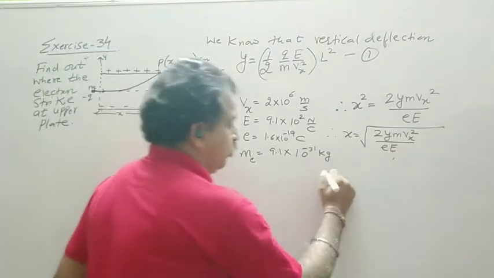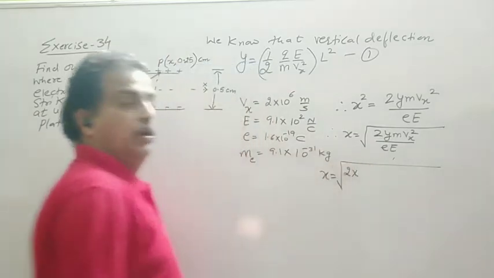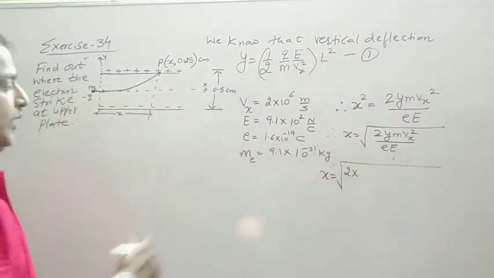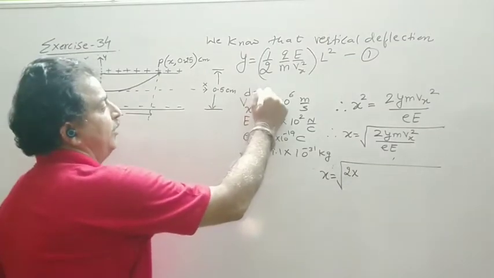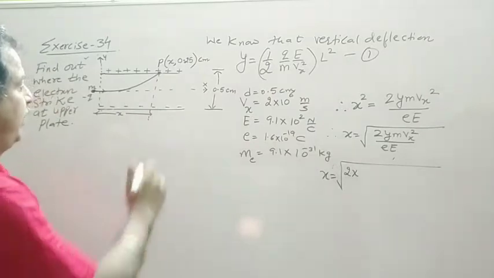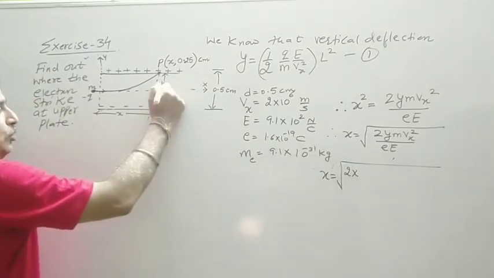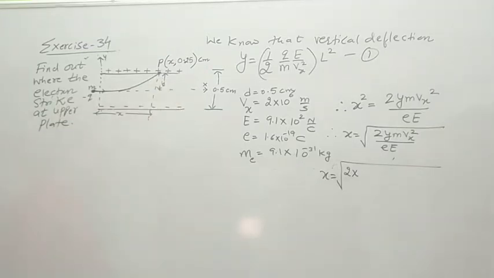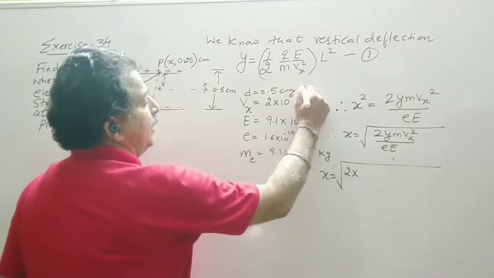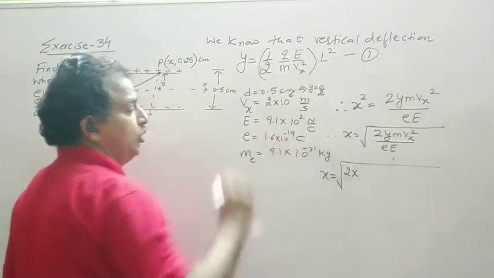So x is equal to under root 2 into, you have to remember that d is a distance. Here the distance given is 0.5 centimeter, that is the distance between the two plates, and we have taken the deflecting distance as y. So y should be half of d. This implies y is equal to d by 2.